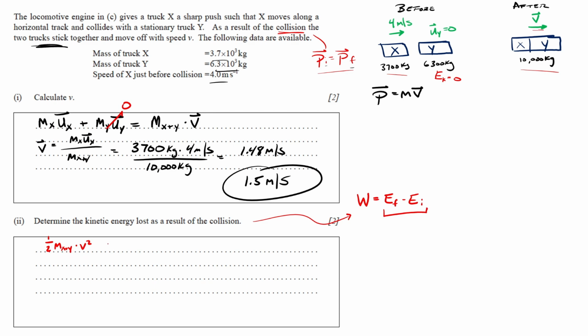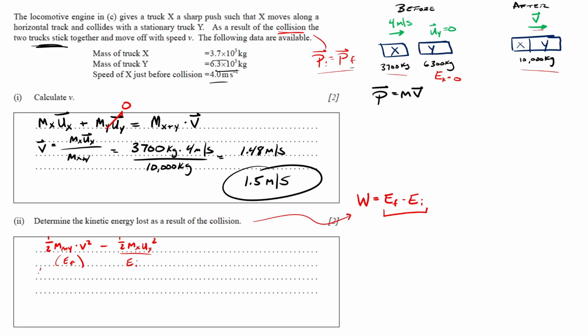That's my final energy. Minus 1/2 times just X had energy here before. If Y was moving, I would also put that here and take away the energy that Y had too, like I would get my total initial energy, but Y had none, so I don't need to do that. Okay, that's really it to find the change in energy.